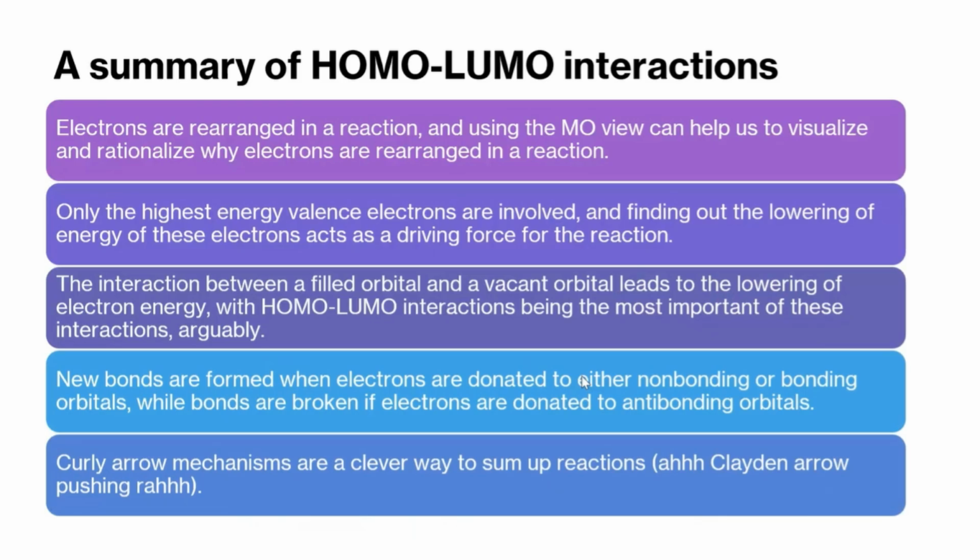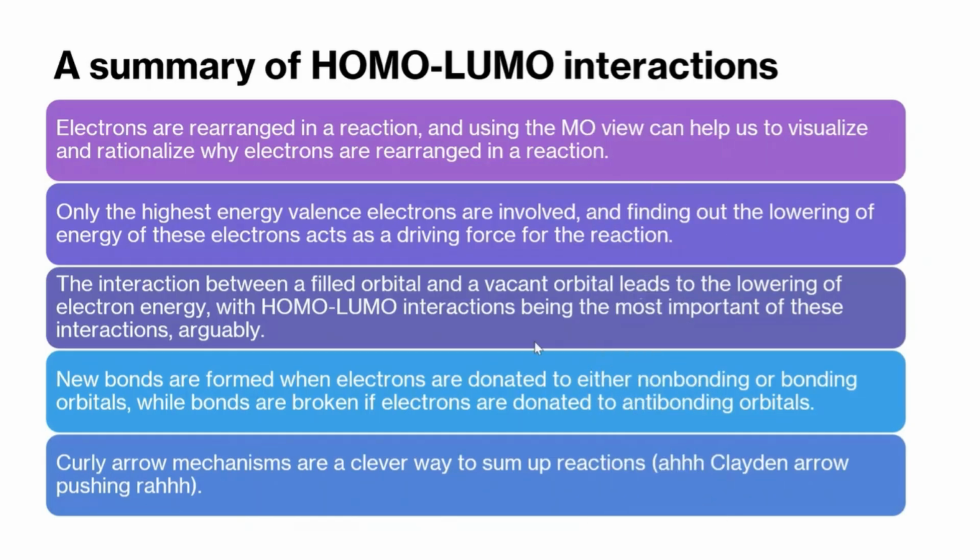So here's the overall summary of HOMO-LUMO interactions. Electrons are rearranged in a reaction, and using the molecular orbital view can help us to visualize and rationalize why these electrons are rearranged. Some of the highest energy valence electrons are involved, and finding out the lowering of energy of these electrons will act as a driving force for the reaction.